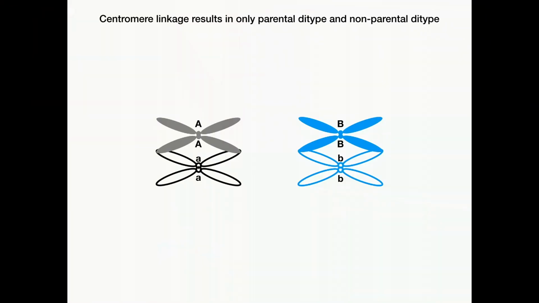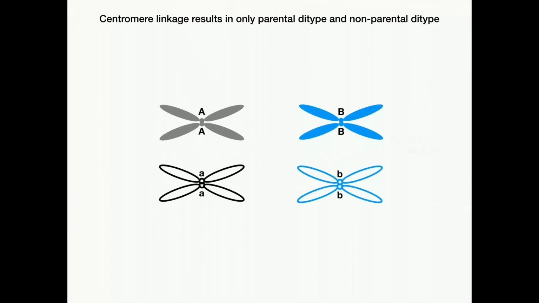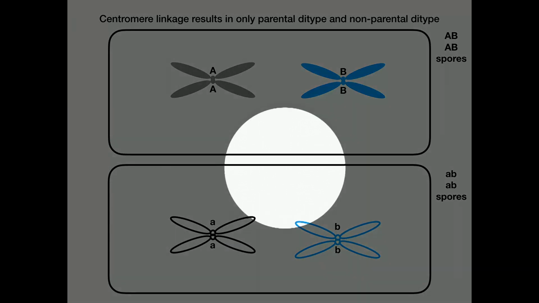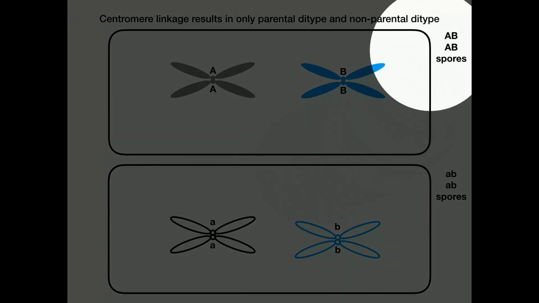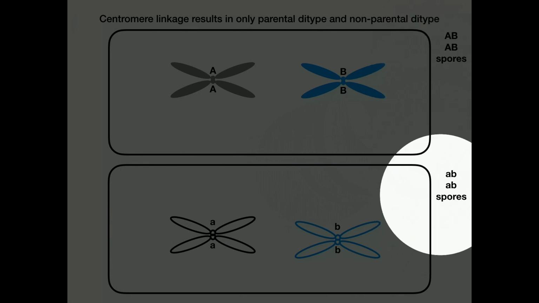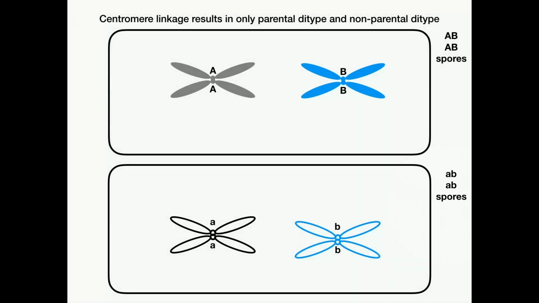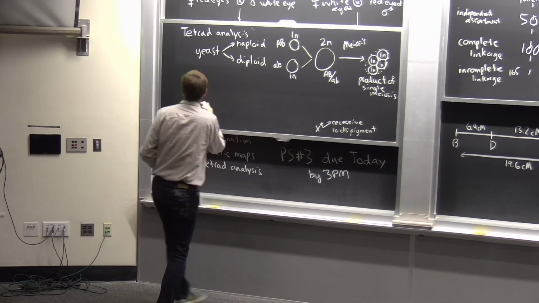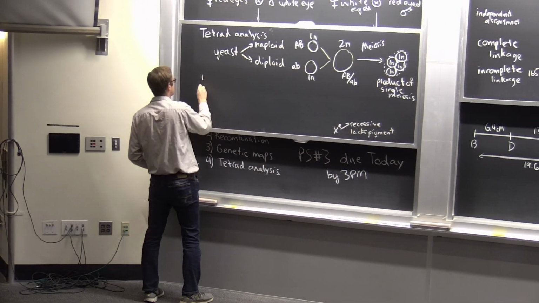Okay, so if we consider this case, these two genes are both linked to the centromere, and during metaphase of meiosis 1, they could align like this, in which case you would get spores that are parental for both dominant alleles or parental for both recessive alleles. Okay, so each of these cells is known as a spore, so I'll label spore numbers here.